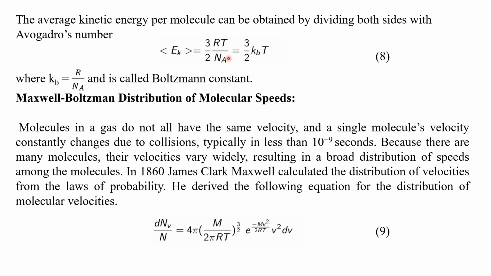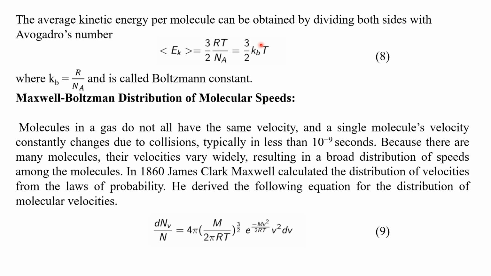If we consider Avogadro number of molecules in our system, so n is 1 here, we get 3 by 2 RT by Na, so we get 3 by 2 kBT, where kB is the Boltzmann constant and the value of kB is R by Na. This is the average kinetic energy for a single molecule, which we get from kinetic theory.